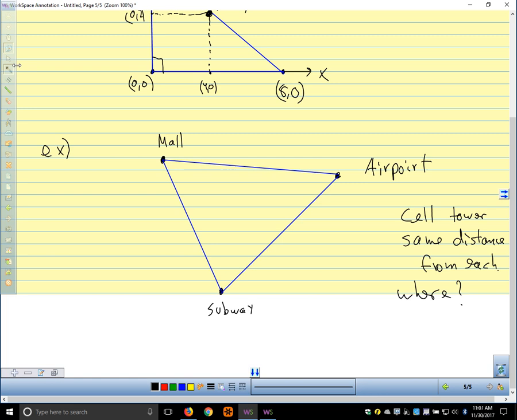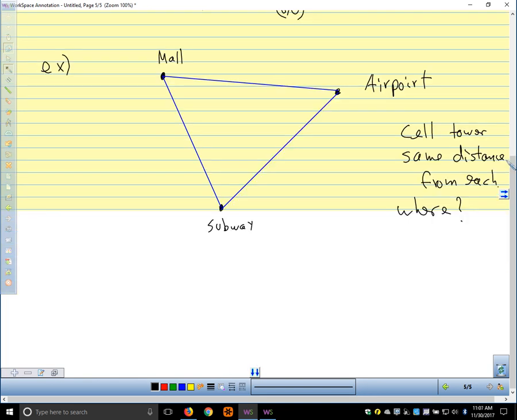What point is the same distance from each vertex of the triangle? We just talked about it. We only have two choices for what we just talked about. Is it going to be the incenter or the circumcenter? The incenter is the same distance from each side of the triangle. The circumcenter is the same distance from each vertex.